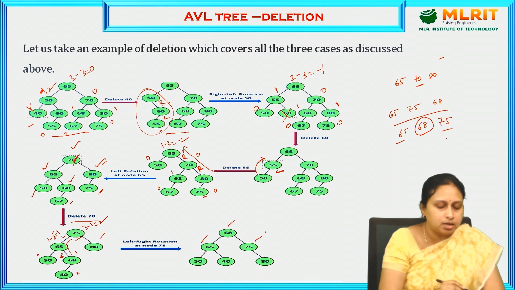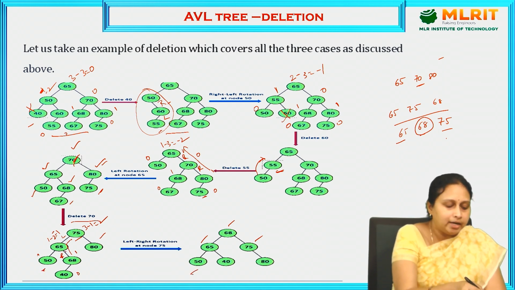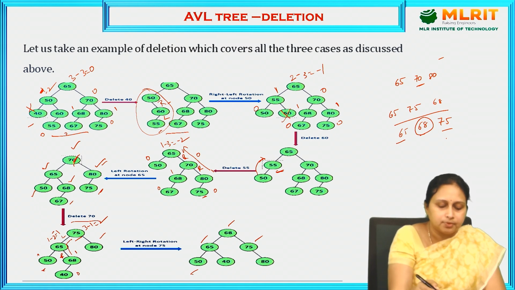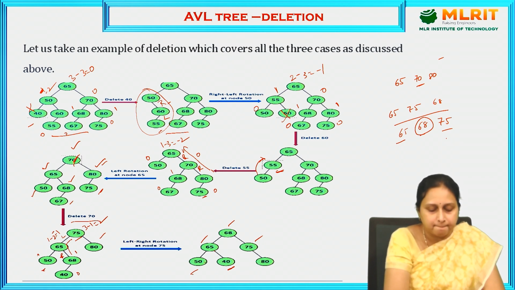Now replace the remaining. 65's left is 50, as it is. 68's left is 40, but we are unable to have 40 there, so we need to check with 65. It is lesser than 65, so we are going to place it as the right child of 65.